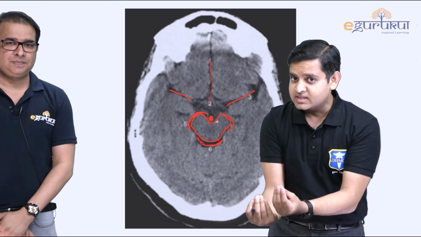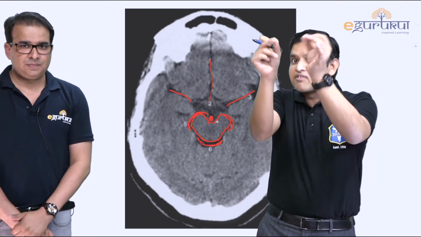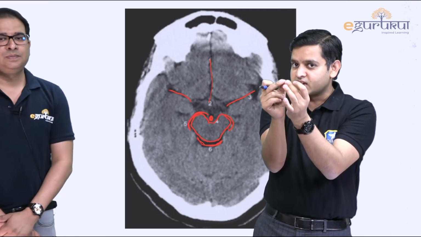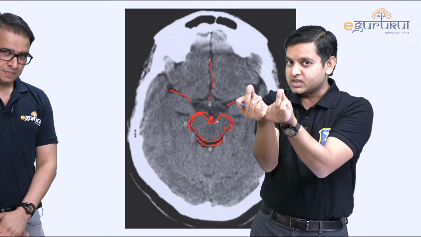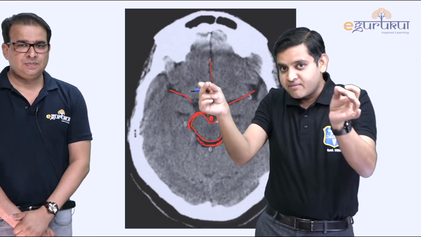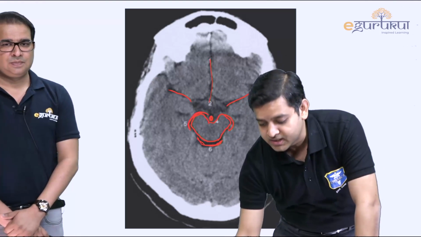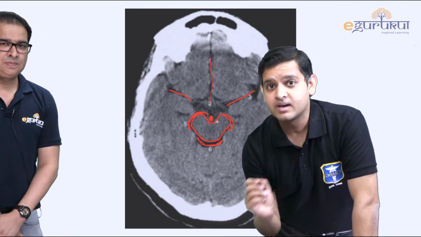The basilar artery is coming from below from the prepontine cistern, and it is dividing at the level of the interpeduncular cistern into two PCAs. So the origin of the PCA is lying in the interpeduncular cistern, and then from where it communicates with the posterior communicating artery, the rest everything is the P2 segment that is present in this ambient cistern. And posteriorly, we have the quadrigeminal plate cistern.